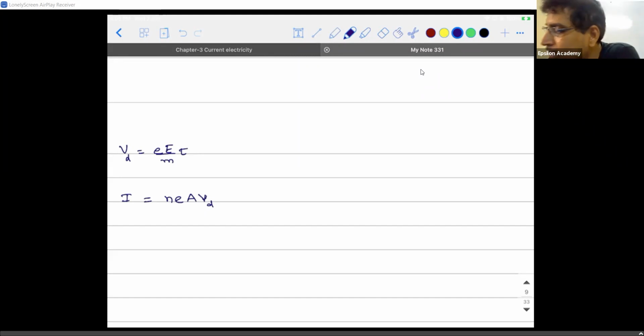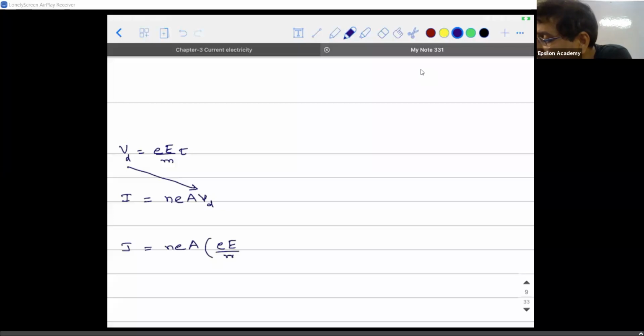Now we can think of what is going to happen if I take this Vd and substitute it here. So I is equal to small n, you don't write capital N, okay, small n. I told the difference yesterday itself. Small n is used for the number density. nAe into, what is the value of Vd? It is small e into capital E divided by m into tau.